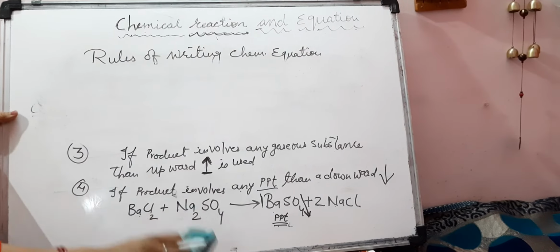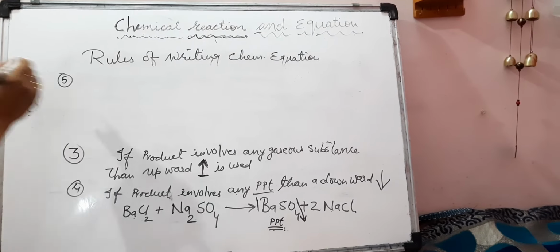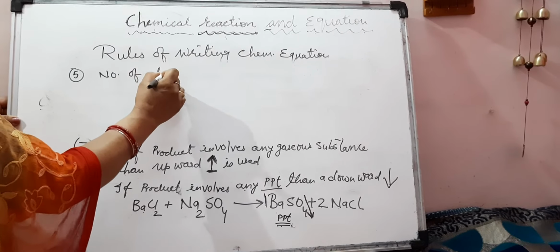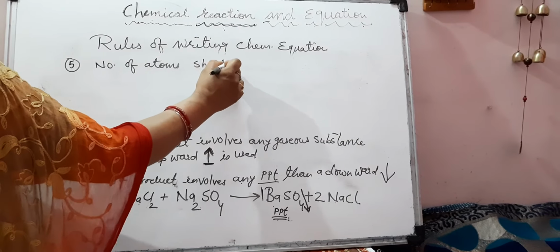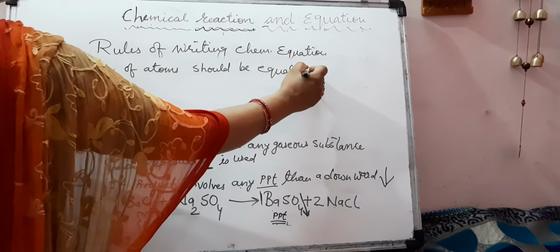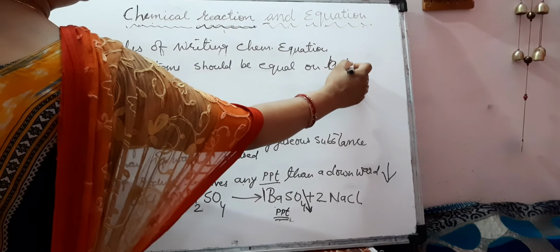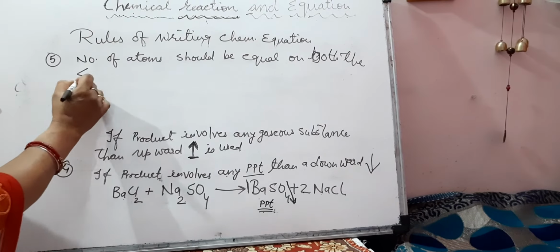Fifth rule: the number of atoms should be equal on both sides.